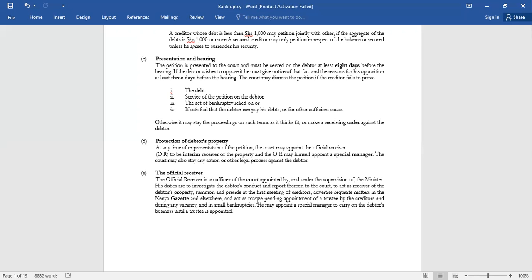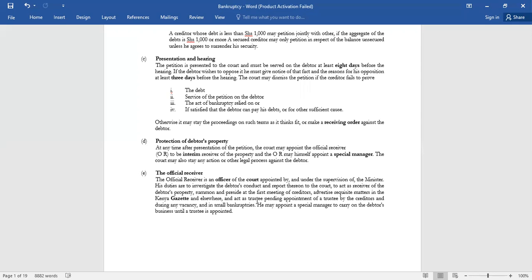And the reason why we are doing this, we don't want you to rush and take, we've talked of the fraudulent conveyance. So to ensure that whatever you already have before we declare you insolvent is safe, the court will go ahead and appoint an OR, the official receiver. And this will be only interim. It is on interim basis.